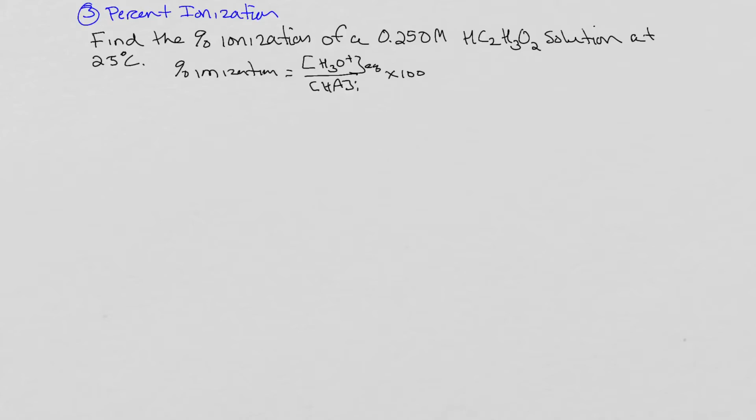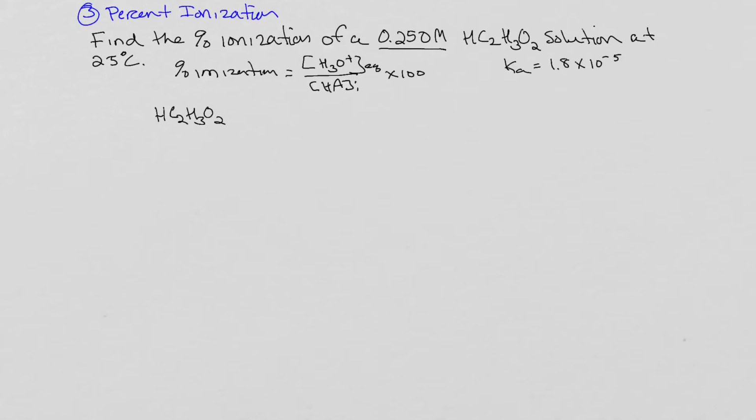So that's the equation that we're interested in. Now in this particular problem, we're trying to find the percent ionization of a 0.25 molar acetic acid solution, HC2H3O2. Of course, one thing we're going to need is the Ka. So we'll look up the Ka of acetic acid, and we would find 1.8 times 10 to the negative fifth. Now we're going to write out our acetic acid equilibrium.